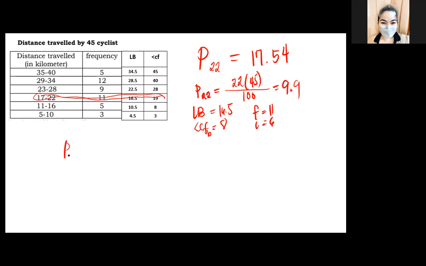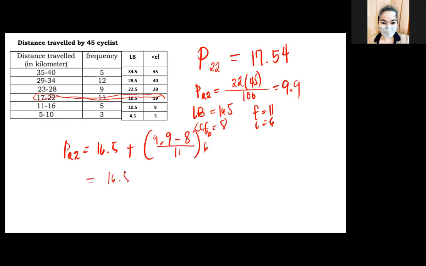P sub 22 is equal to 16.5 plus 9.9 minus 8 divided by 11 times 6.